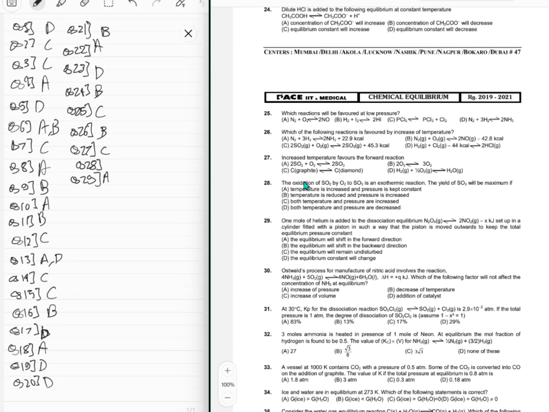Okay, the oxidation of SO2 by O2 to SO3 is an exothermic reaction. The yield of SO3 will be maximum if temperature is reduced, and pressure must be increased so that it shifts to the right. Right, so question number 28 should be B, I think.